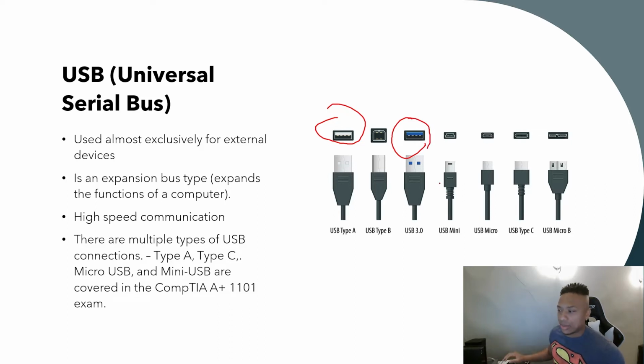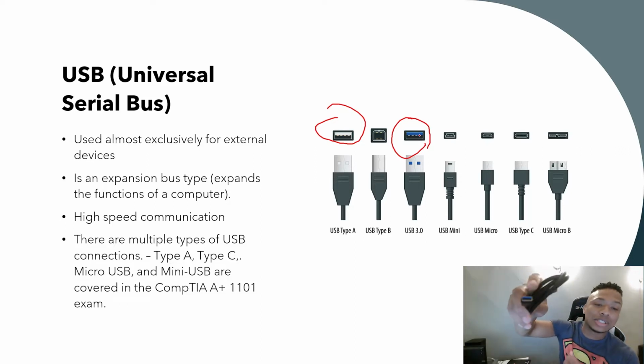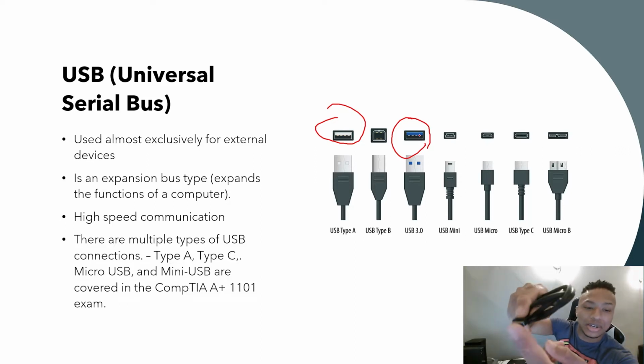Just to point this out, it doesn't say USB A here, but just know that this is USB A but 3.0. It's a lot faster, and you'll notice that instead of just being white inside, it's gonna have that blue connection thing. I do have a 3.0 cable here, if you guys can see this. So let's just look at this part right here. You can see that's blue, so this is USB 3.0, USB A.